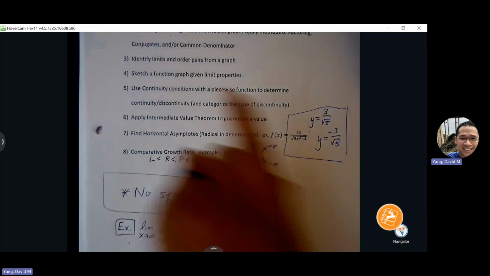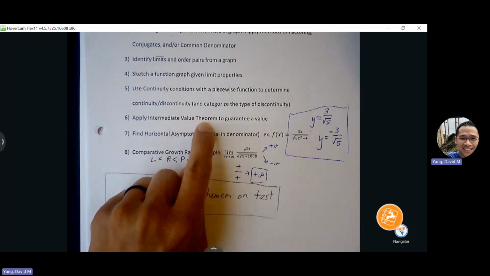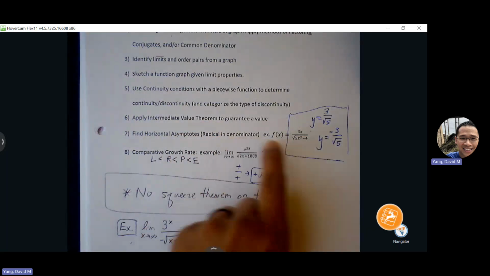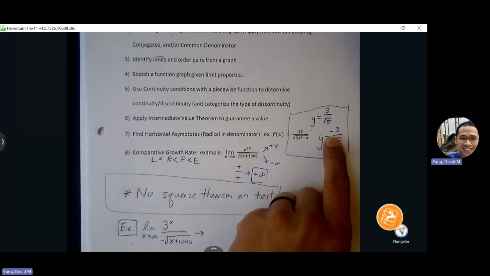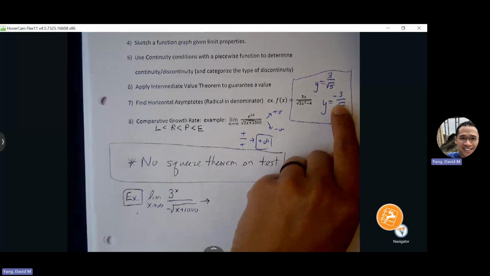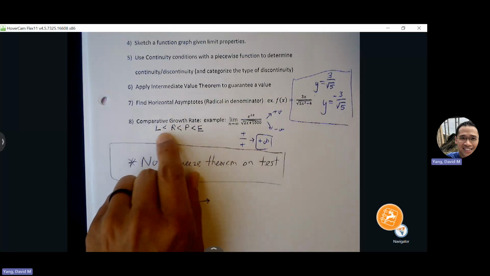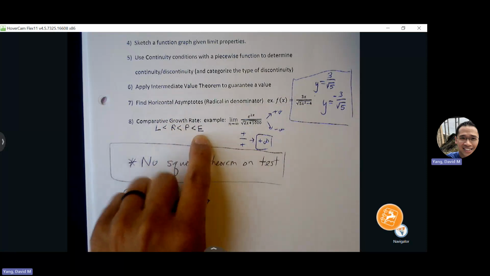Remember, continuity is a condition. So make sure for all IVT problems that you're stating your continuity, that the function is continuous on the closed interval. Horizontal asymptotes, we know that if there's a radical in the denominator and the degrees are the same, there's going to be two separate asymptotes on either side of infinities. Comparative growth rates: logs, radicals, polynomial, exponential.